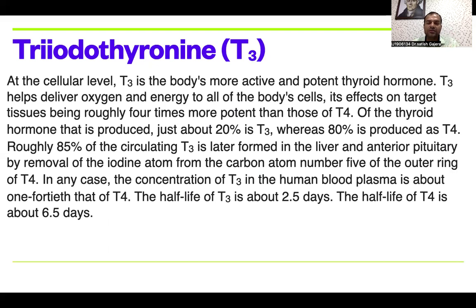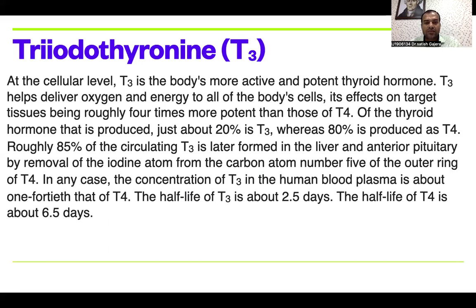Of the thyroid hormone that is produced, just about 20% is T3. From the thyroid gland, about 20% is T3, while 80% is T4. Roughly 85% of the circulating T3 is later formed in the liver and anterior pituitary by removal of the iodine atom from carbon atom number 5 of the outer ring of T4.